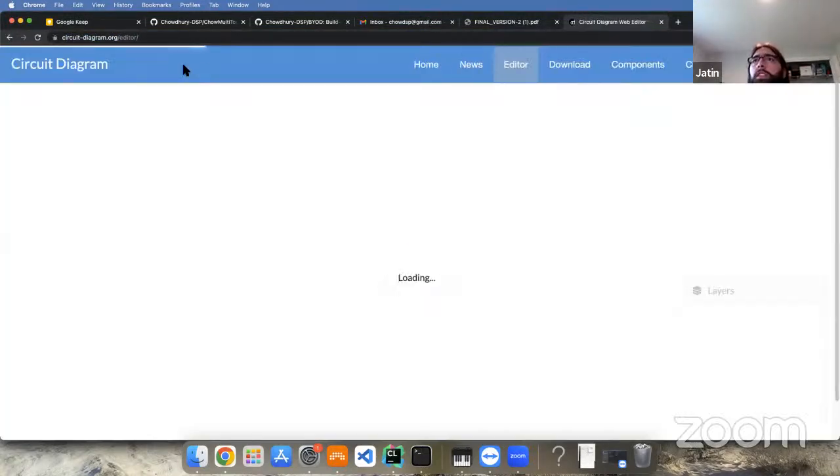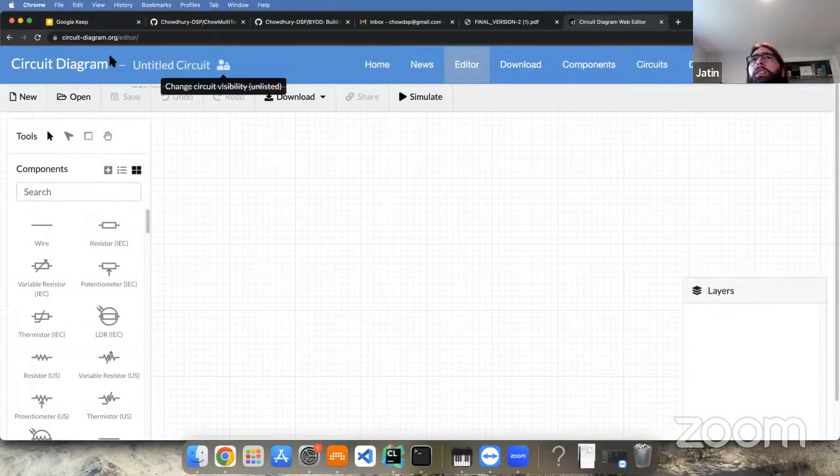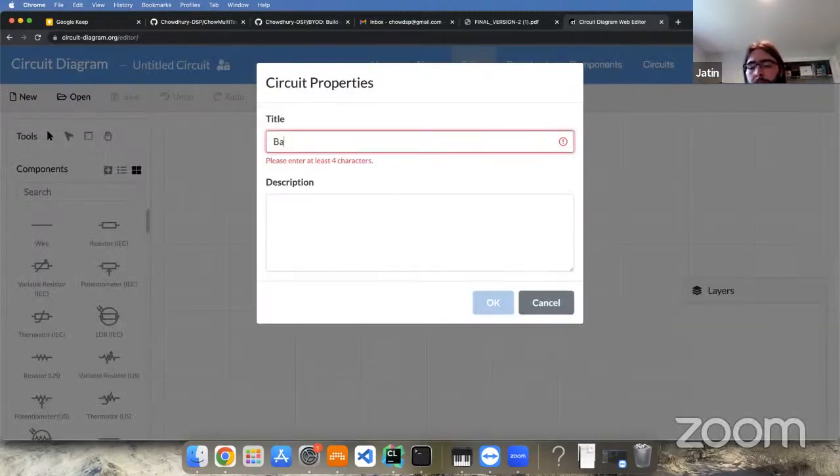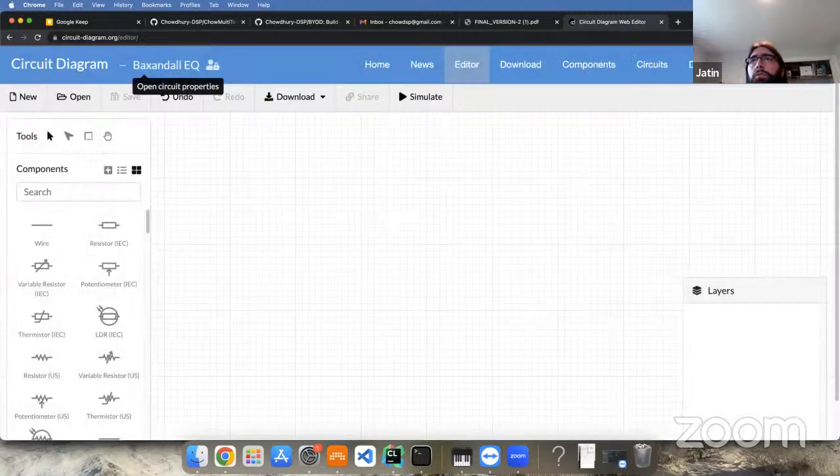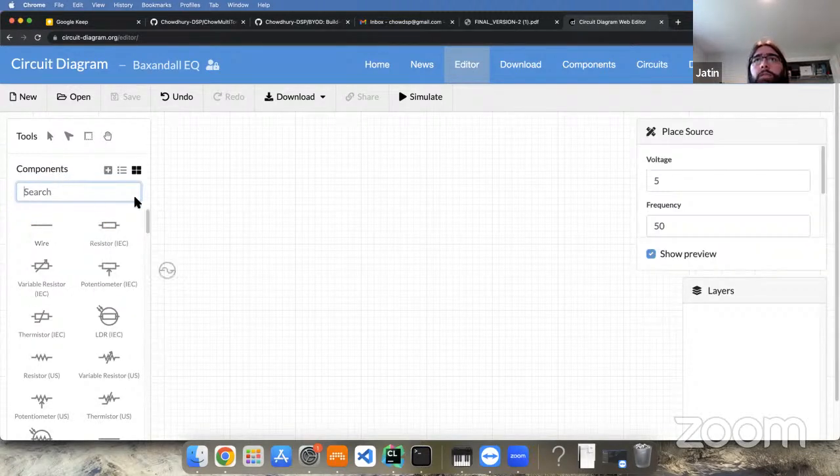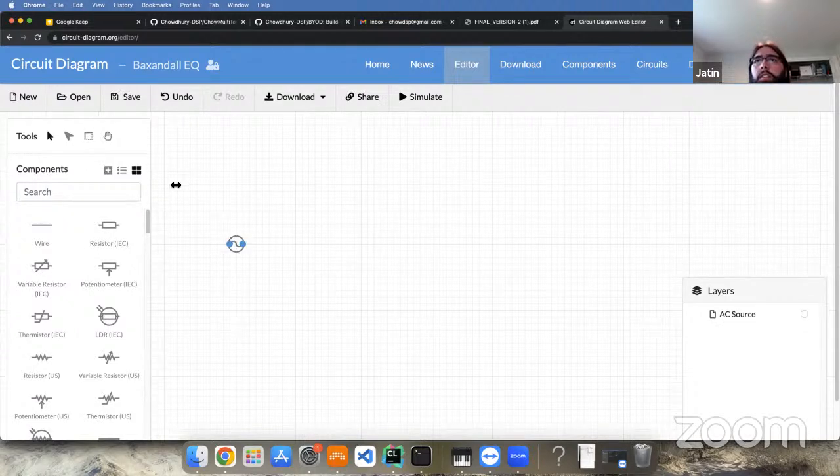So I've been using this little circuit diagram tool here, and we'll call this Baxandall EQ. And yeah, so first we need a voltage source, so we can create that voltage source, and that's going to connect to ground.